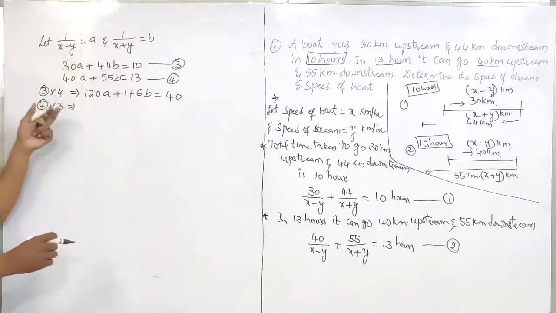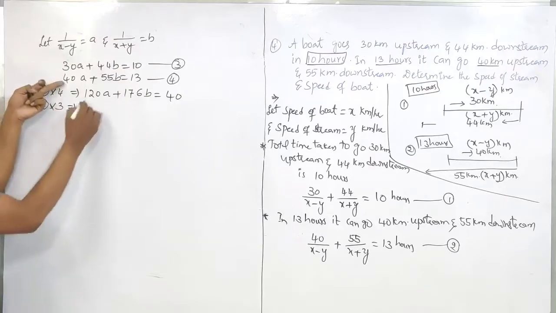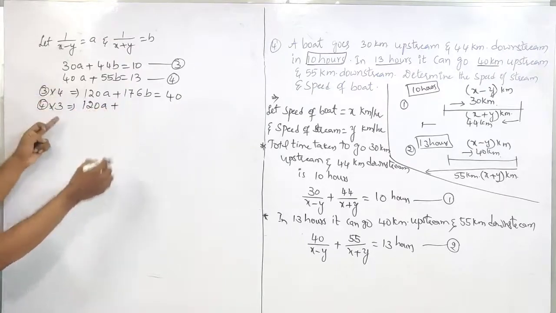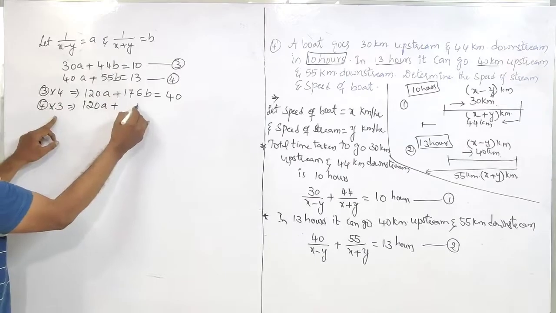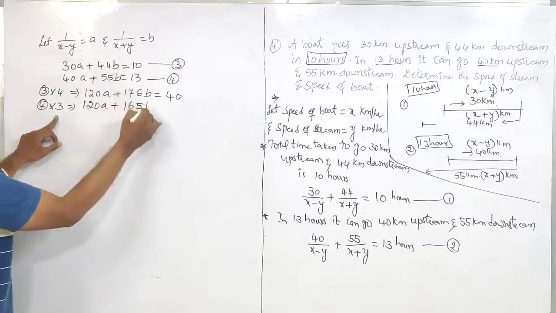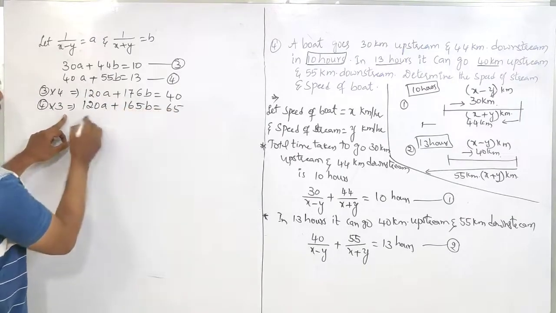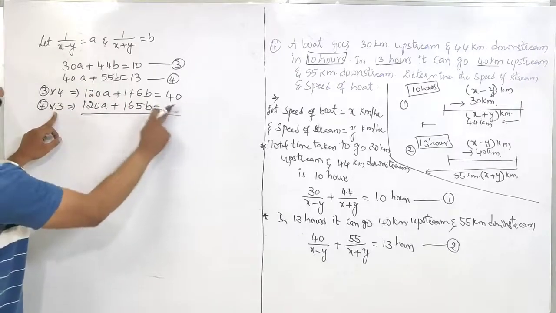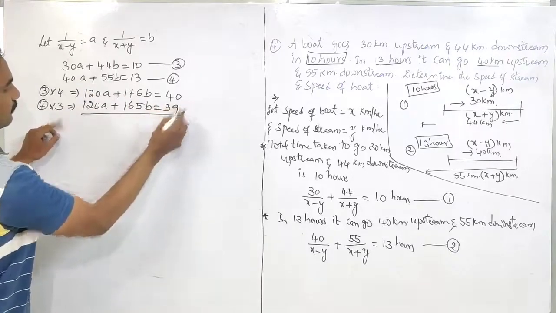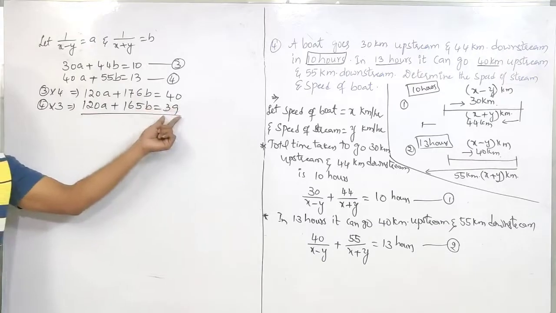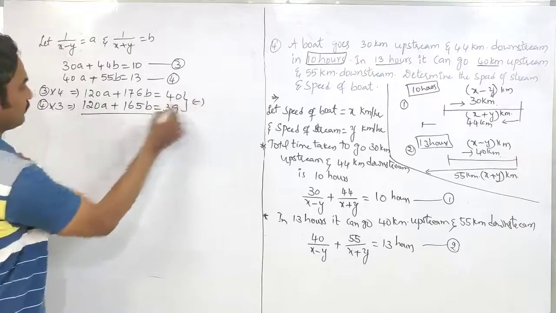The next equation into 3: 40 3s are 120a. 55 3s are 165, plus 1, 16b is equal to 13 3s are 39.